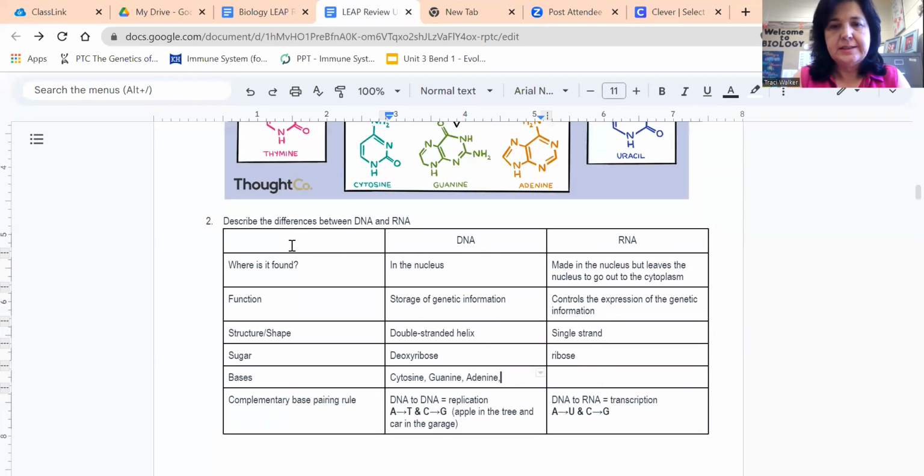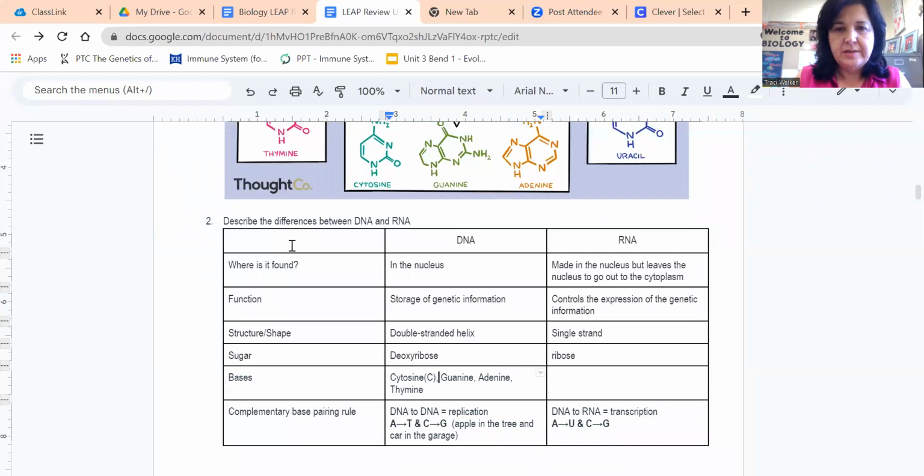And so we use abbreviations for these. So cytosine, we use a capital C. For guanine, we use a capital G. For adenine, we use a capital A, and then for thymine, we use a capital T.